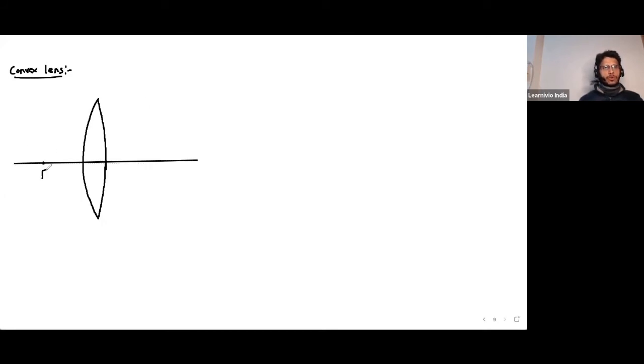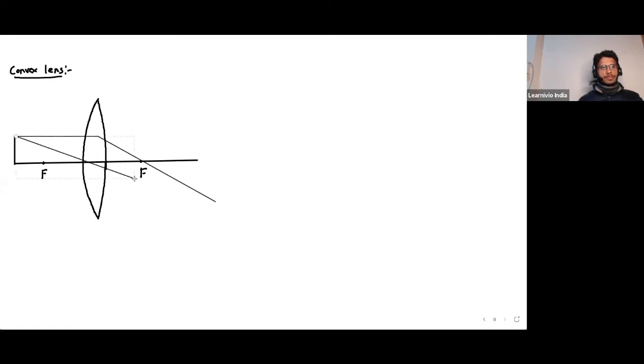This is the first focus. This is the second focus. I take an object and place this object beyond the first focus. So this ray will pass through the second focus.